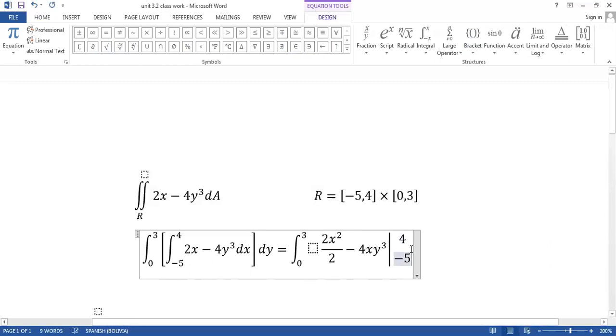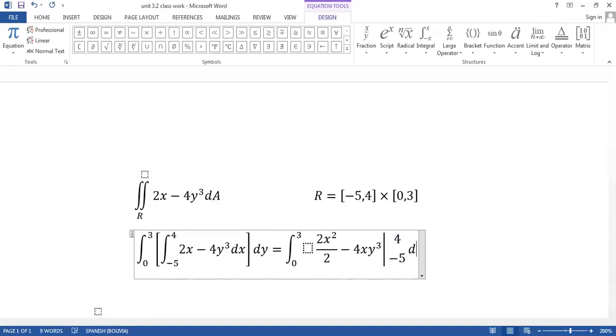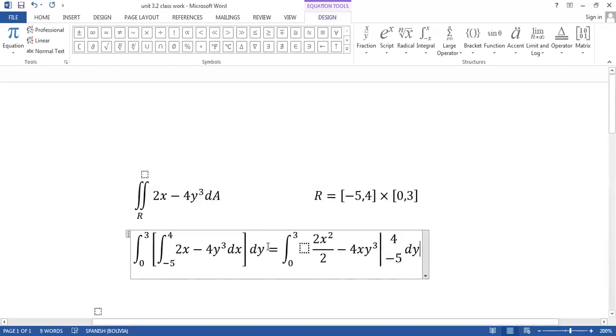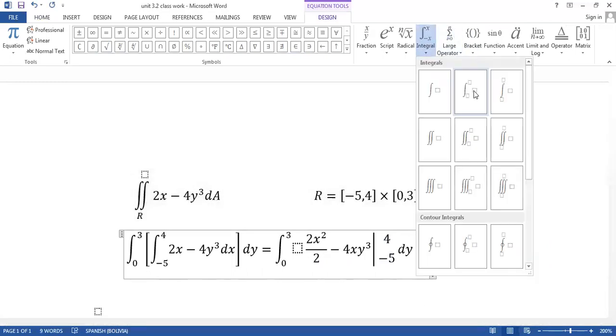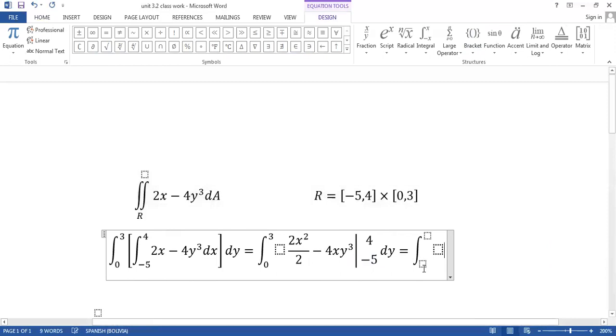Okay. So what do we do next? dy. Oh, no, there's something we forgot. dy. There you go. And see, we still have our outer function. We're still working with our inner function. So I'm still going to put back my 0, 3.